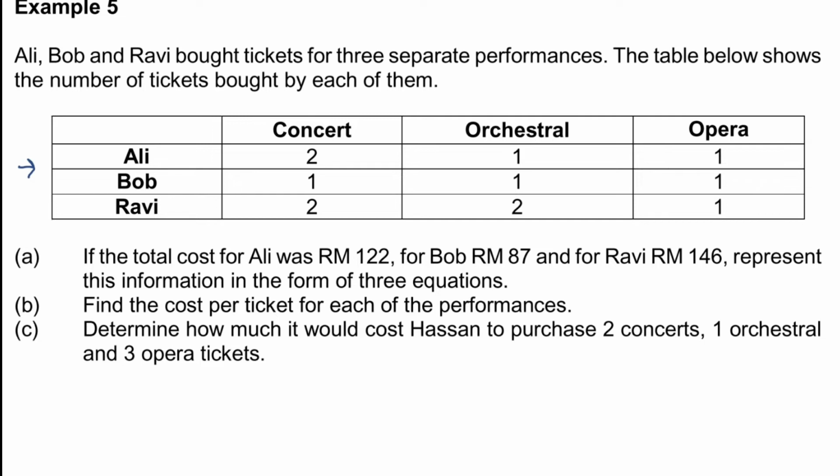So the first question: if the total cost for Ali was RM 122, for Bob RM 87, and for Ravi RM 146, represent this information in the form of 3 equations.